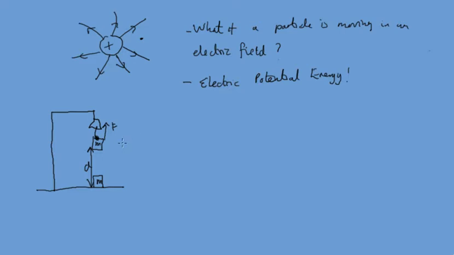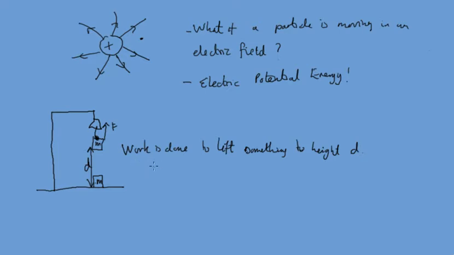And we know to lift a mass some distance against gravity, work must be done. Work is done to lift something to height D. Now, once the mass is at point D, that work done takes the form of gravitational potential energy.